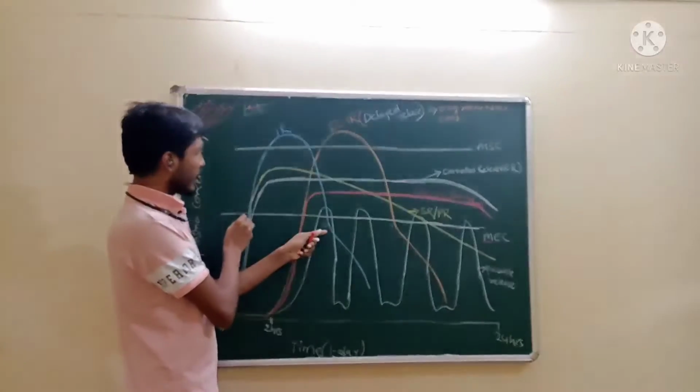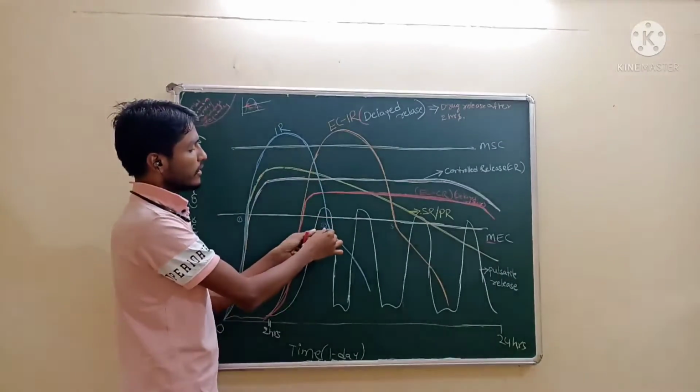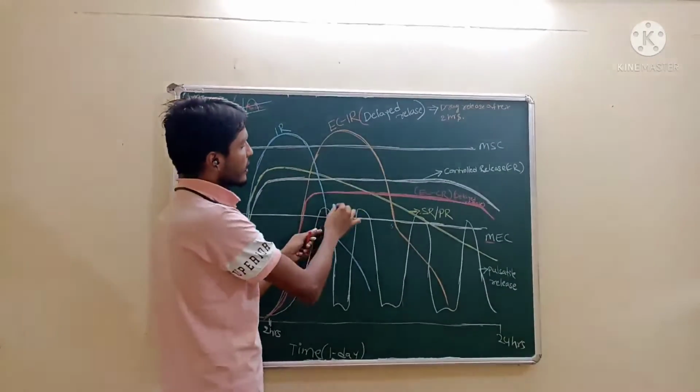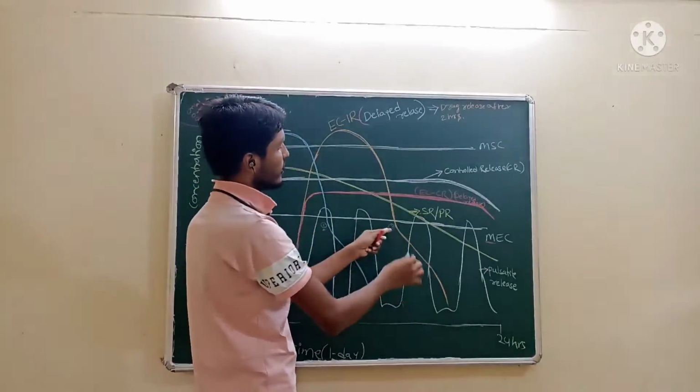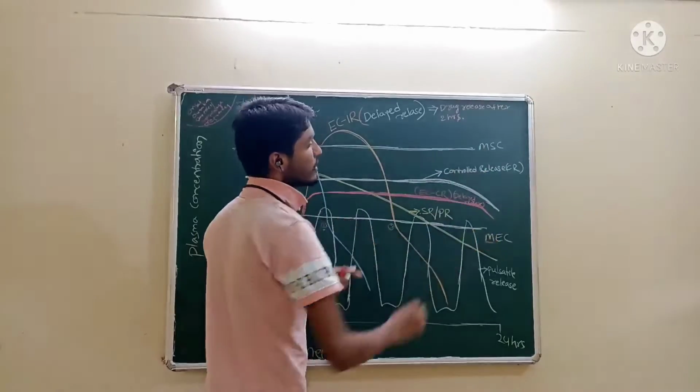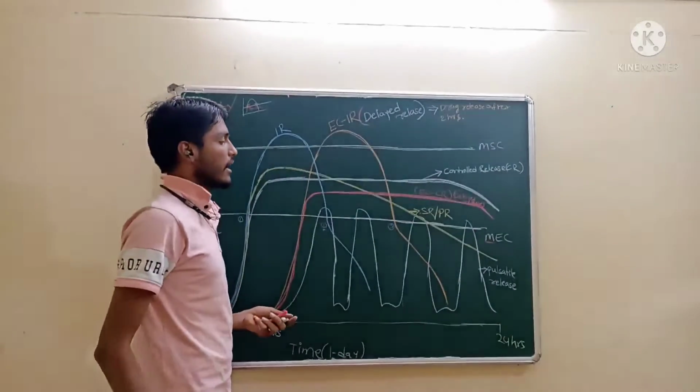See, morning I have taken, then in the afternoon here the concentration will rise again, then it will come down. Then when you take the third tablet, the concentration rises again, and the action will be like that.